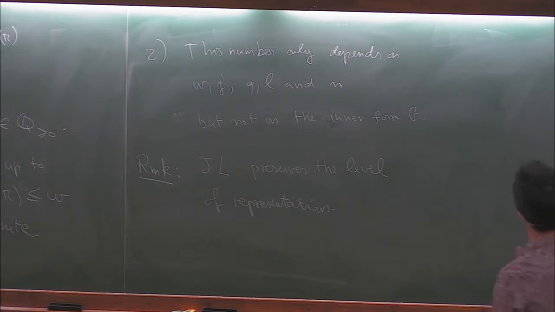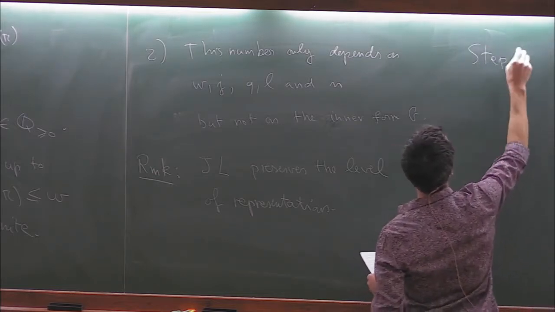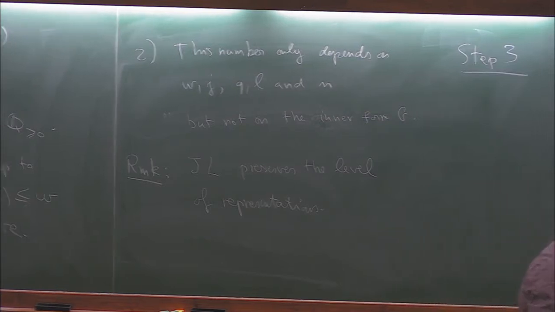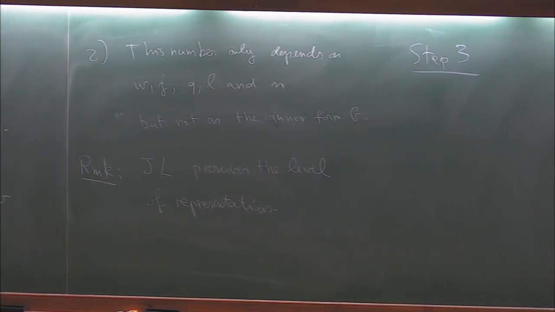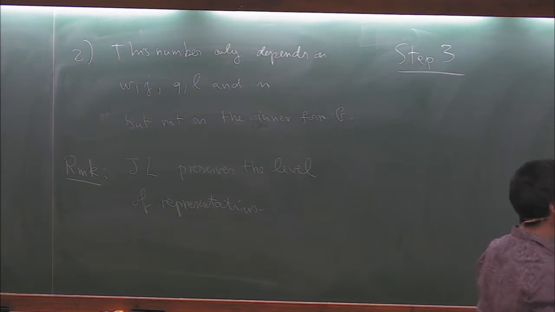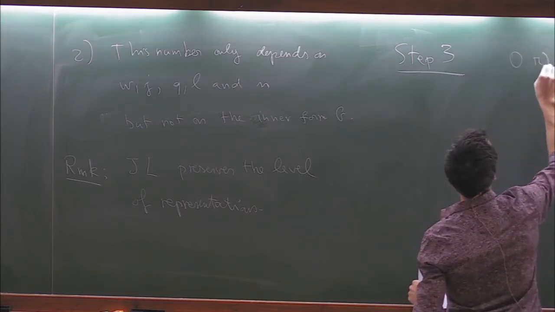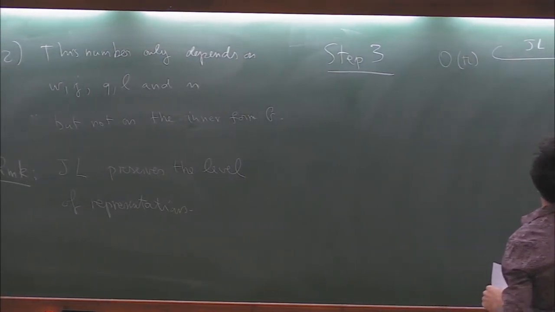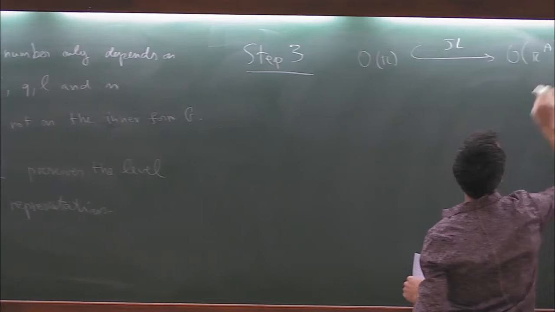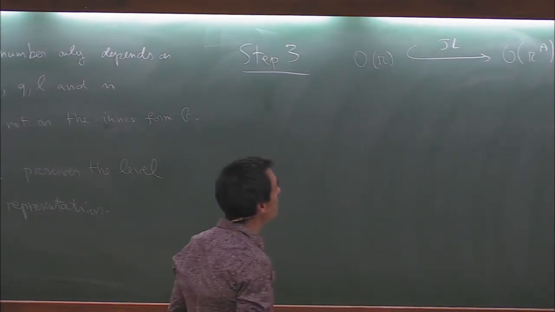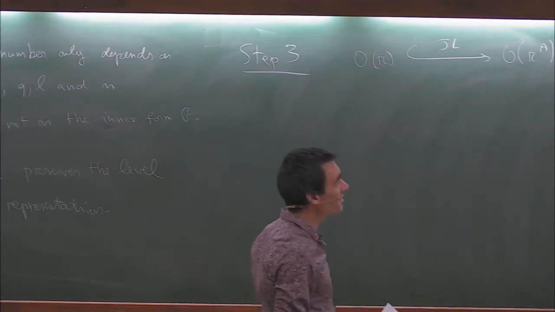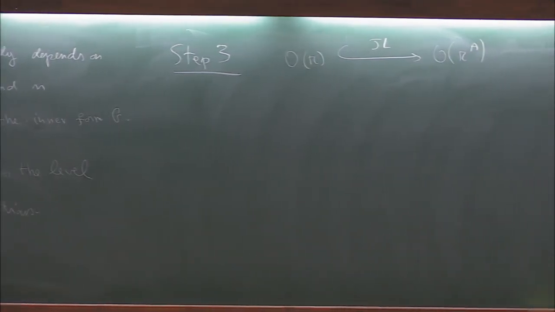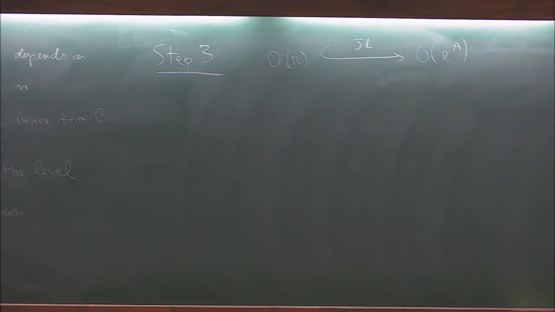Now this is step 3. From step 1, we know that the congruence class of O of pi embeds through the Jacquet-Langlands correspondence into the congruence class of pi A. We also know that the Jacquet-Langlands correspondence is compatible with twisting by a character.